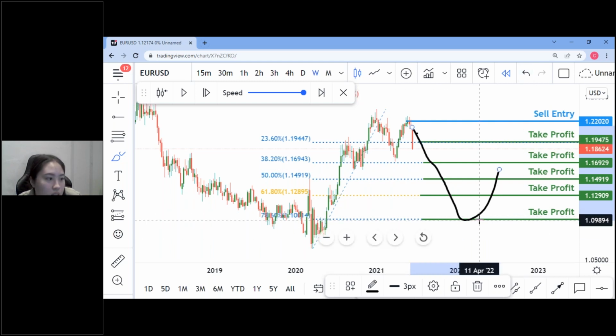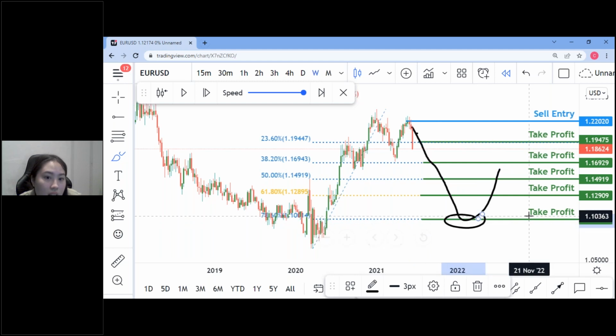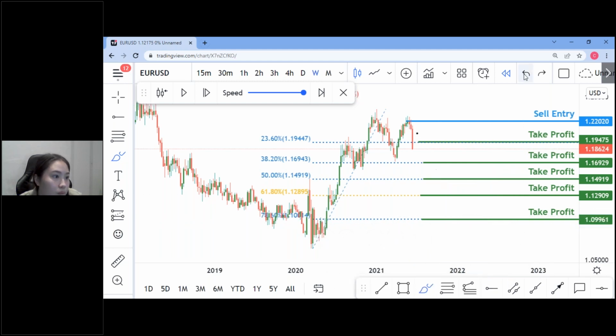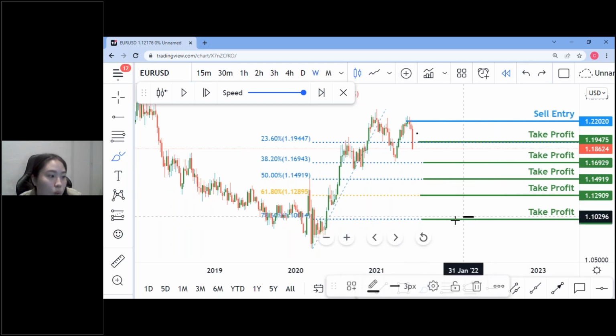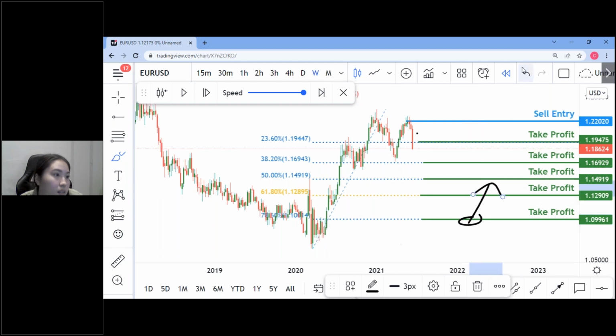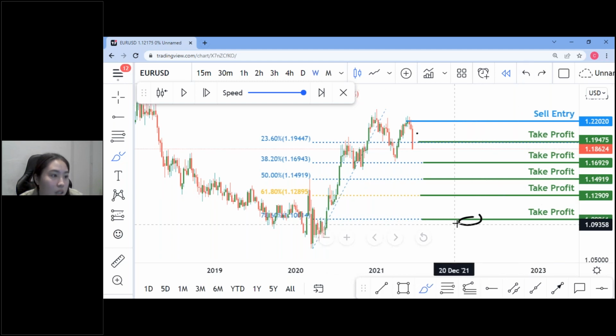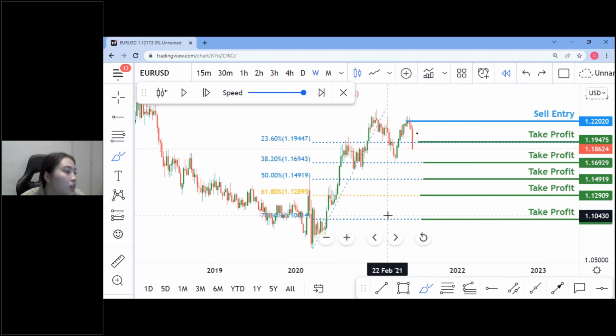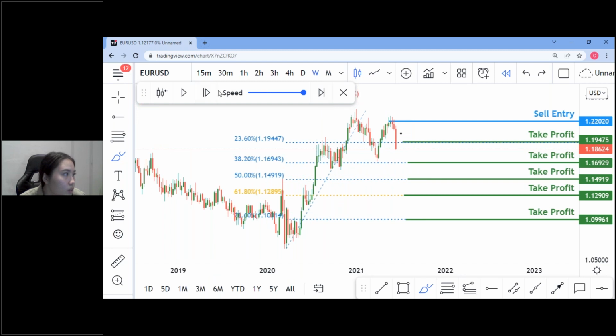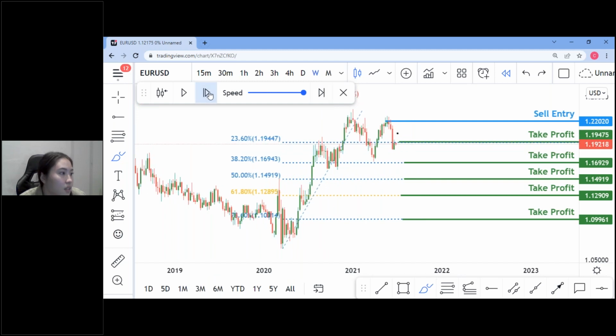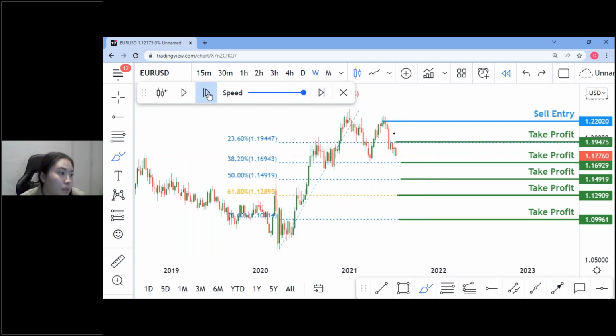So when it does a reversal, that's where you enter for a buy. That's where you take profit, and that's where you enter for a buy if you think price is going to reverse on one of those levels. So at this current point of time, let's see what price does.